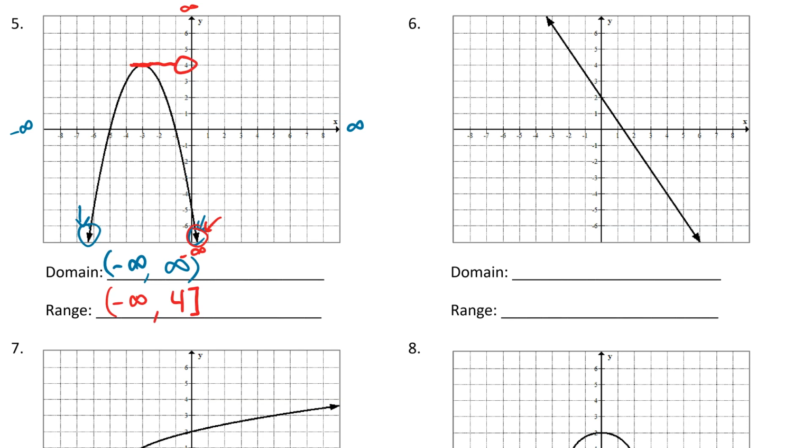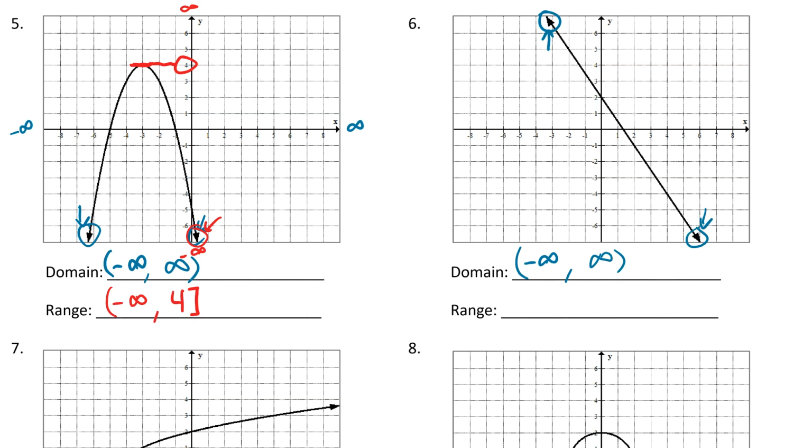Alright, let's go ahead and move on to number 6. So leftmost point, we see an arrow. So that means negative infinity with parentheses. Rightmost point, again we see an arrow. So it'll be positive infinity and parentheses.